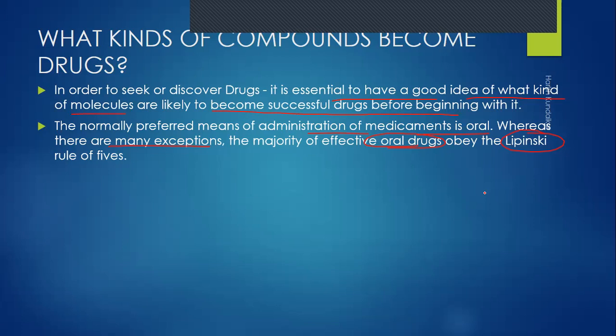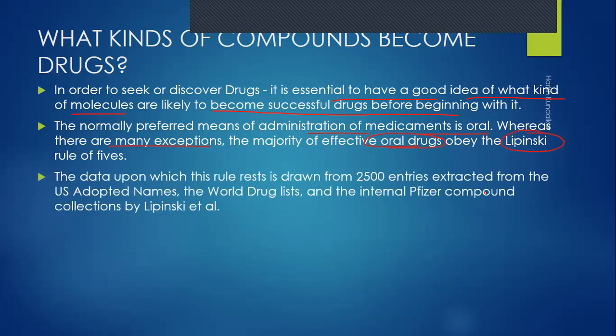The correlations that they proposed to the entire world are called Lipinski's rule of five. The data upon which this rule rests is drawn from 2500 entries. Sometime back I said I think 5000, so that was erroneous.